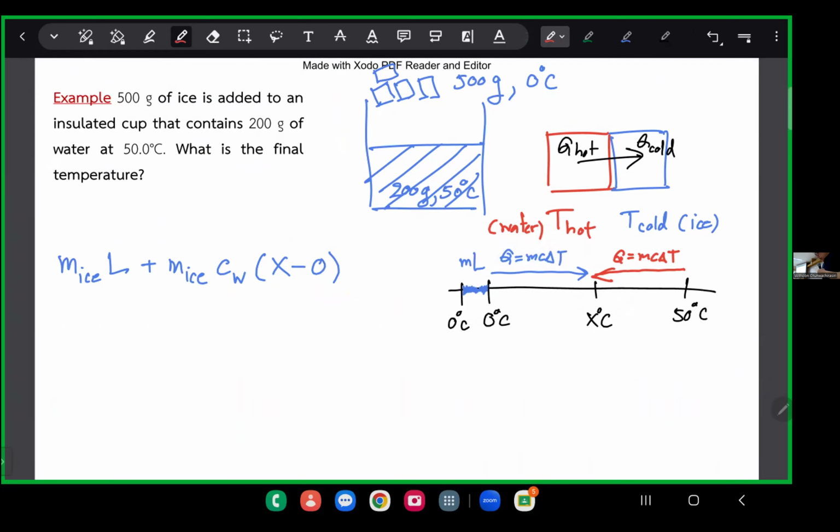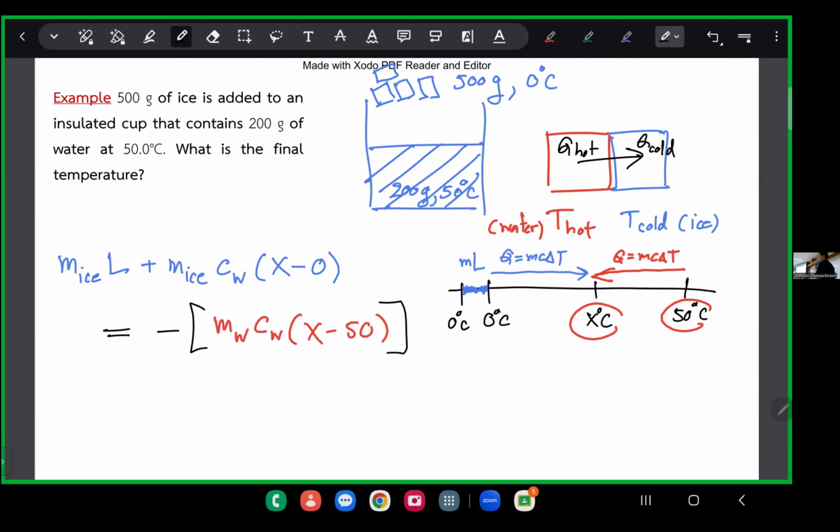It's going to be the mass of the water, let me put the W subscript there, C of the water, and the temperature goes from 50 down to X. So it's going to be X minus 50. Everyone good? But now I know that these two must be the same amount. So the way that I do it is I equate them with a negative sign in the front. Everyone with me?